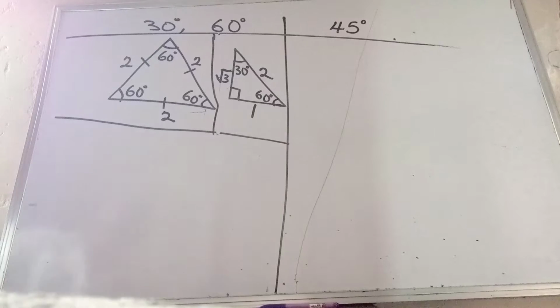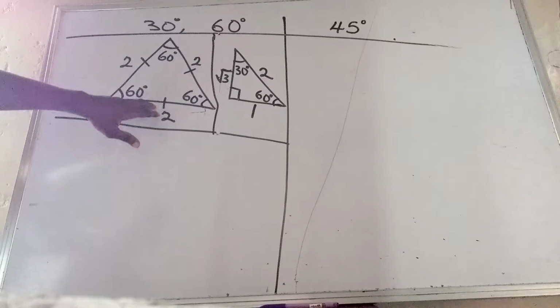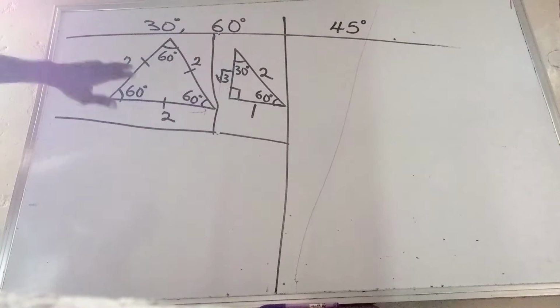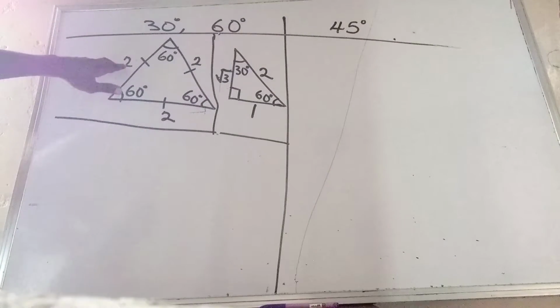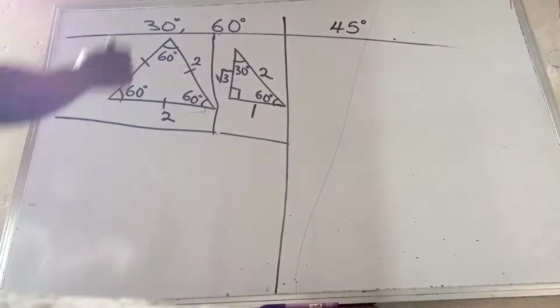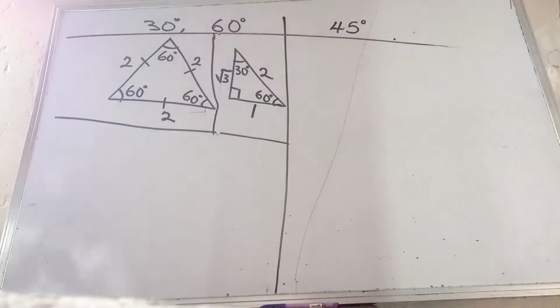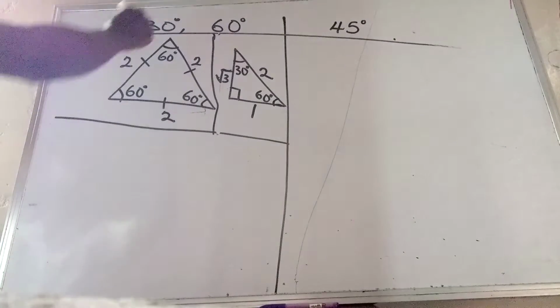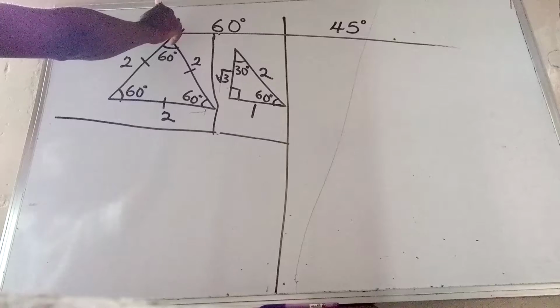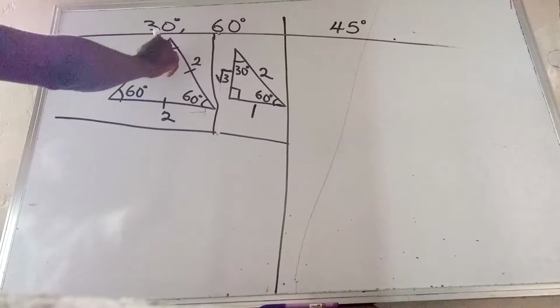Now, let's assume that the side of the equilateral triangle is 2 units. 2 units, 2 units, 2 units. So I want to do something now. I'm dropping a vertical line from the top angle down to the base.